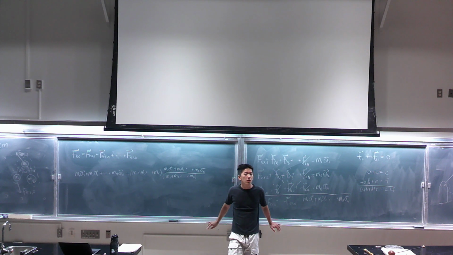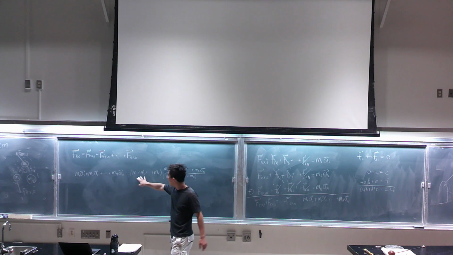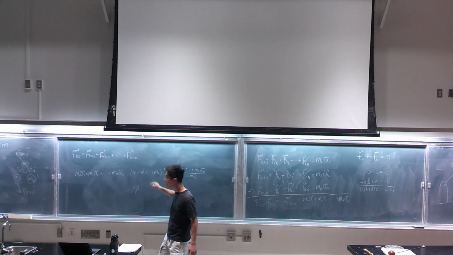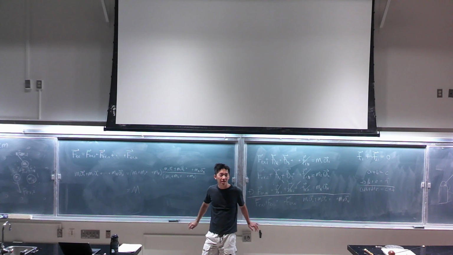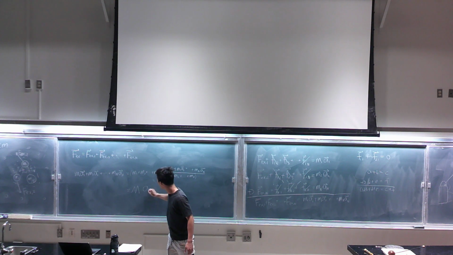Yes, Pablo. Sorry, can you explain why you did that again? Why I did this? Yeah. You'll see right now, because now this thing is the total mass of the system. And this fat thing can just be defined as the acceleration of the center of mass.